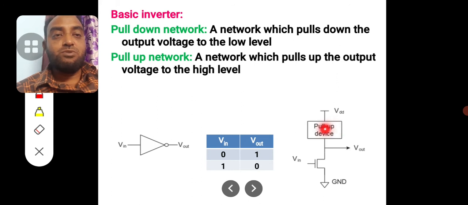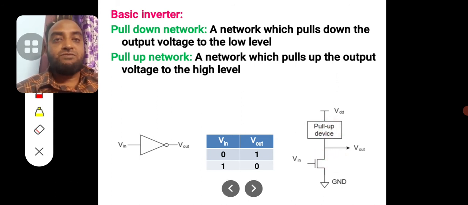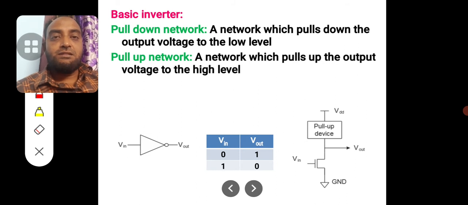Why it is called pull-up device and why it is called pull-down device: we are in VLSI, and in other amplifier circuits we normally consider RL, load resistance, as the load. Here we are considering CL, load capacitance, as the load.